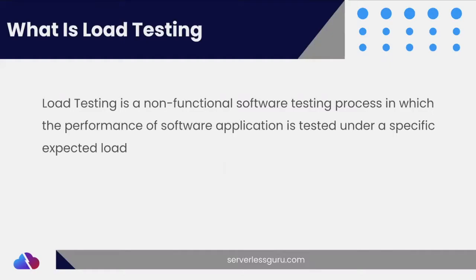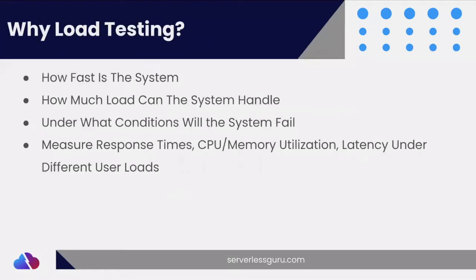So what we can do is we deploy the new feature or the application into a lower environment, and you generate a huge amount of traffic against it and try to see how it performs. By doing load testing, we also get to know some information about the application. For example, you will get to know how fast the system is, how much load that system can handle, and under what conditions the system will fail.